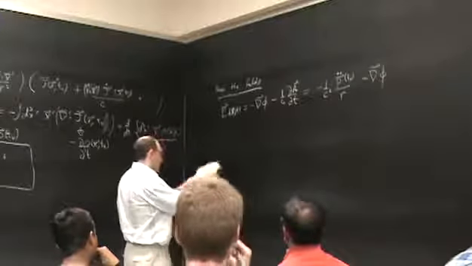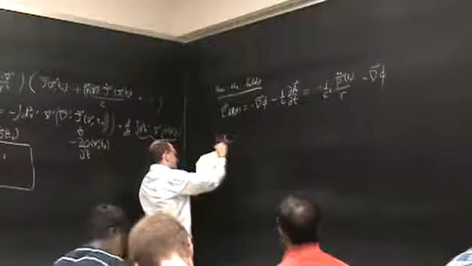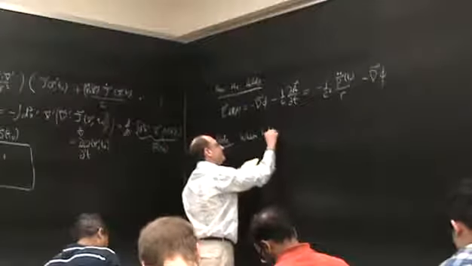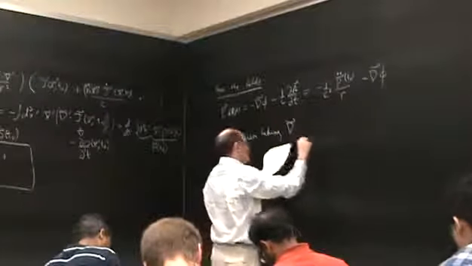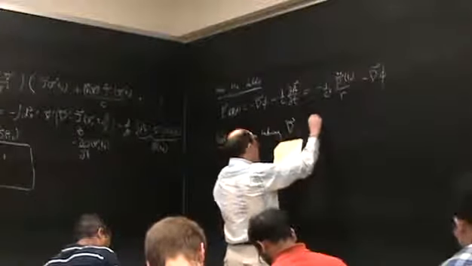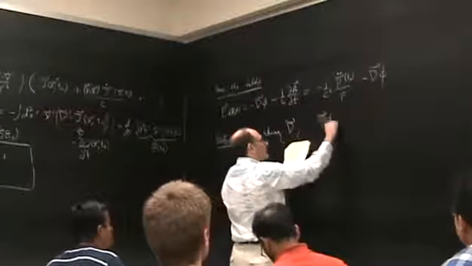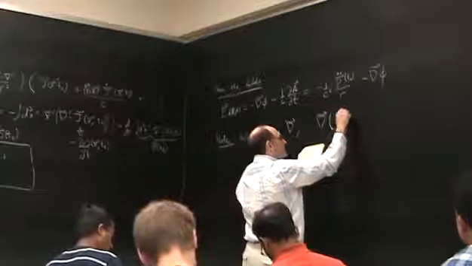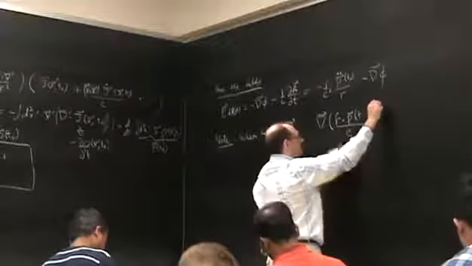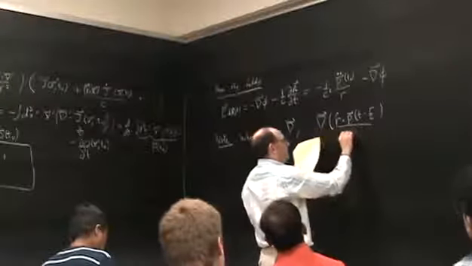Okay, so just as a note. When taking the gradient, if we look at, for example, the gradient of r hat dot p evaluated at t minus r over c, over r squared.